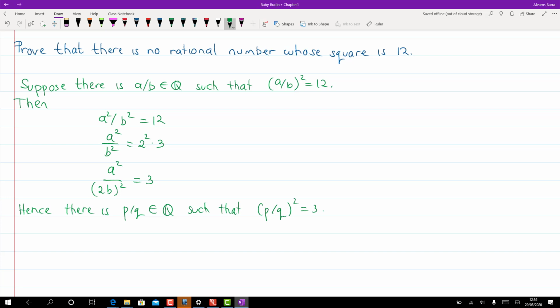Okay, and we can assume that p and q have no common factor except 1.